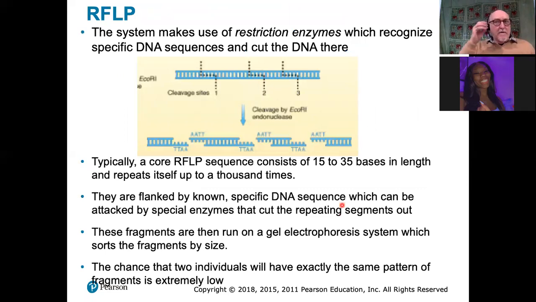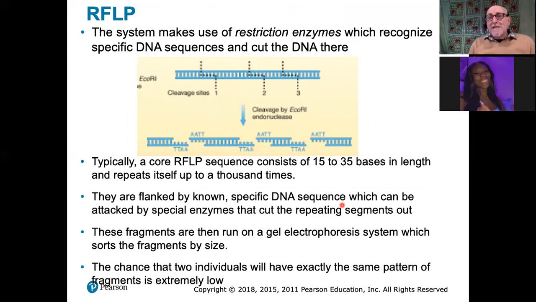These are called restriction enzymes. And it's another important thing for you to know just for general knowledge, because it actually forms the basis of a lot of genetic engineering: our ability to cut DNA at specific places.